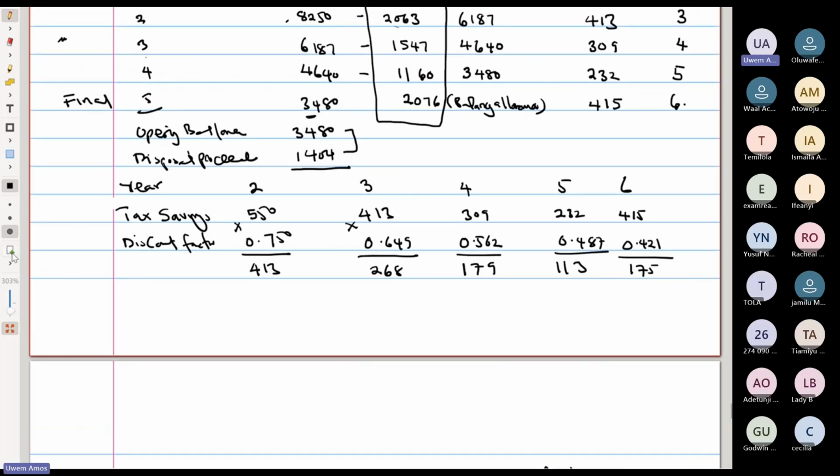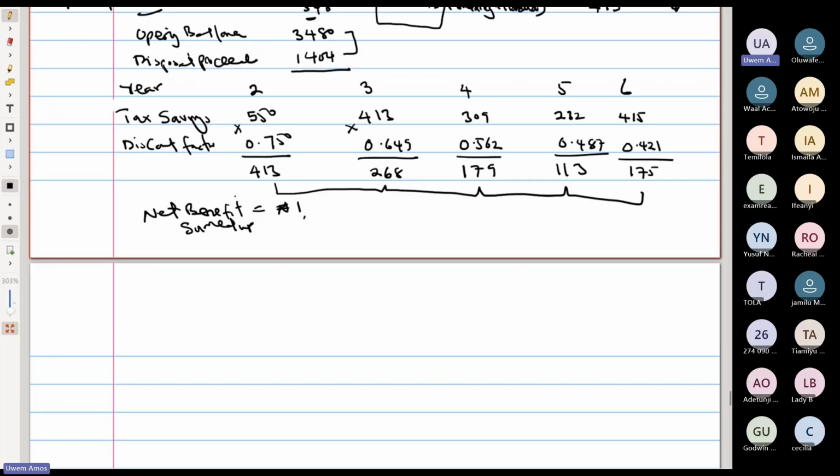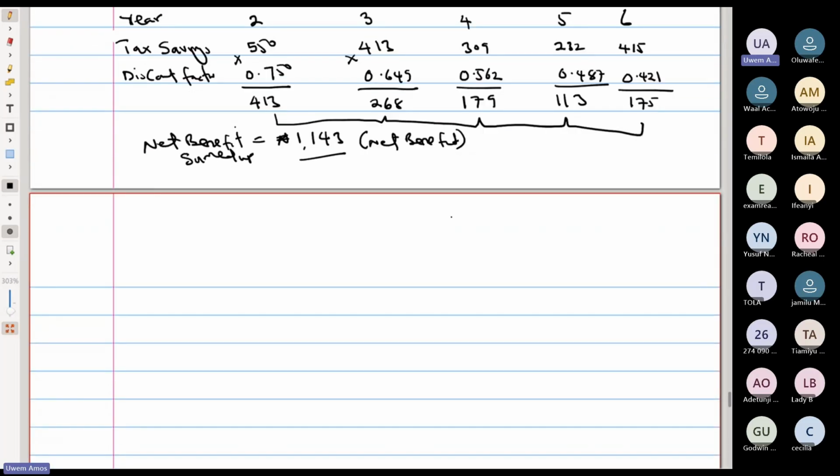So our last line, let's sum it up. Sum this plus this plus this plus this plus this. By my calculator, I have 1143 as the net benefit. So let's write a line to summarize that.